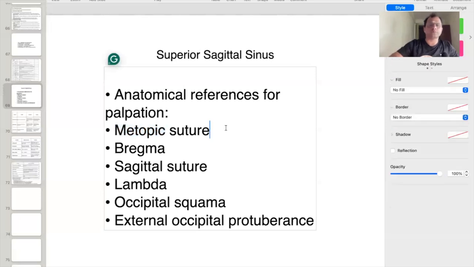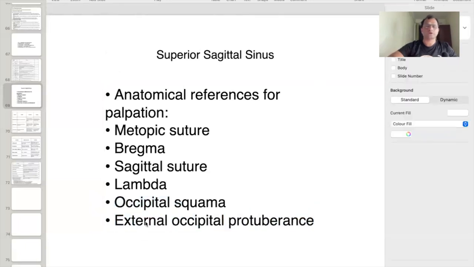So we have seen the metopic suture in between the frontal bone, bregma. We have seen sagittal suture, lambda. We have seen the occipital bone, that is squama. And the last structure, EOP, external occipital protuberance. You can see your hairline, posterior hairline.